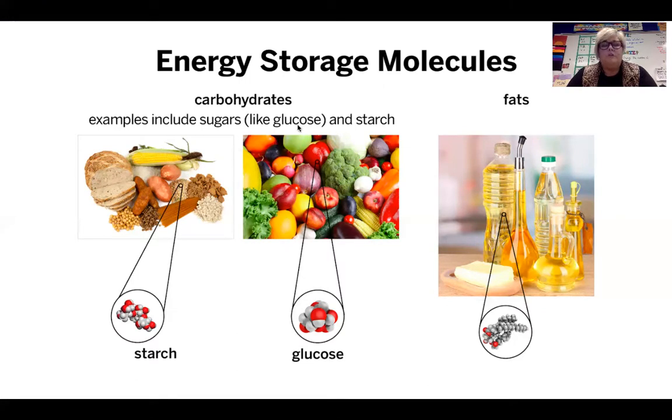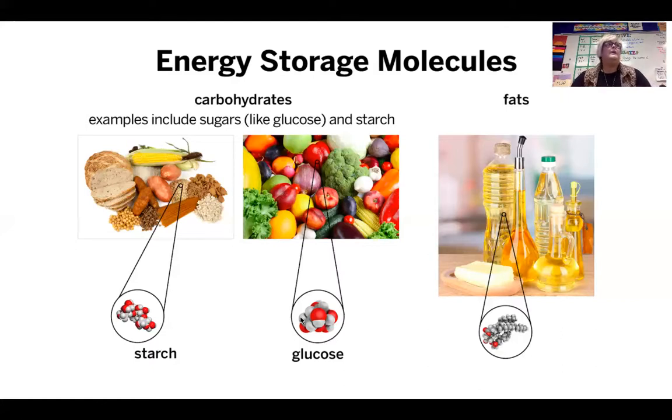So sugar, glucose, fructose is found in fruits and vegetables. This is a natural sugar, and this sugar is one where the chemical structure of the molecules that make up that sugar is relatively easy for our bodies to digest, to break apart, to break down, and use for energy.